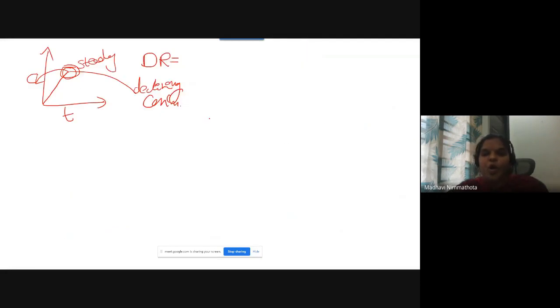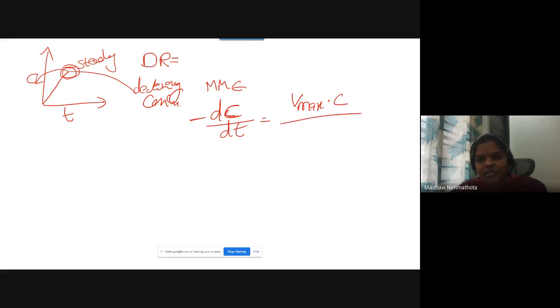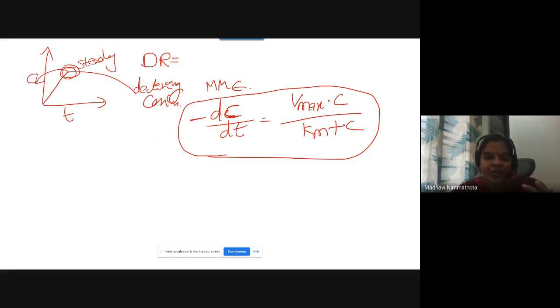So what is our Michaelis-Menten equation? This is capital C and this is minus, right? minus dC by dt equals Vmax into C divided by Km plus C. This is our standard Michaelis-Menten equation, right?